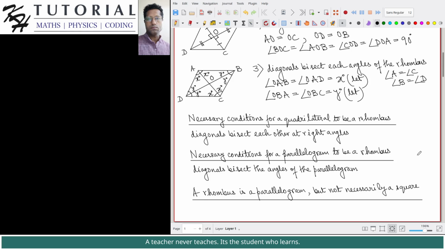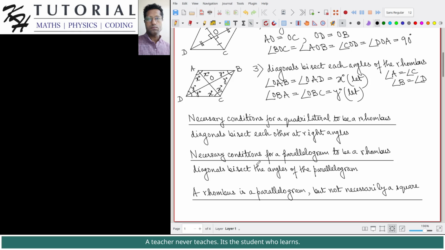Now you can easily see that a square is also a rhombus. A square is a rhombus because in a square the diagonals also intersect at right angles, and a square is a parallelogram.